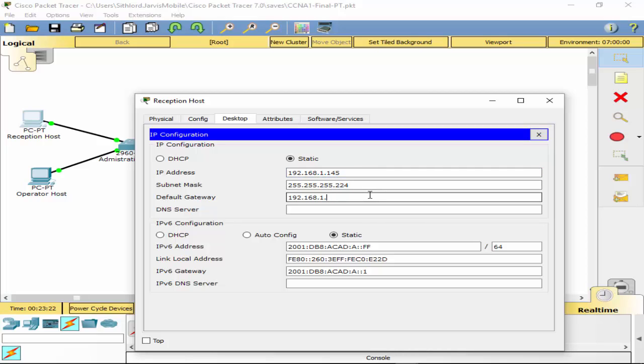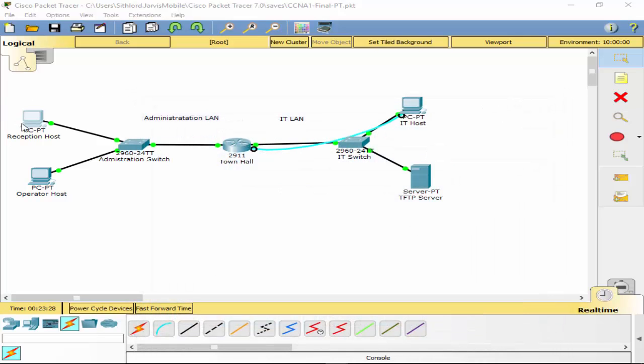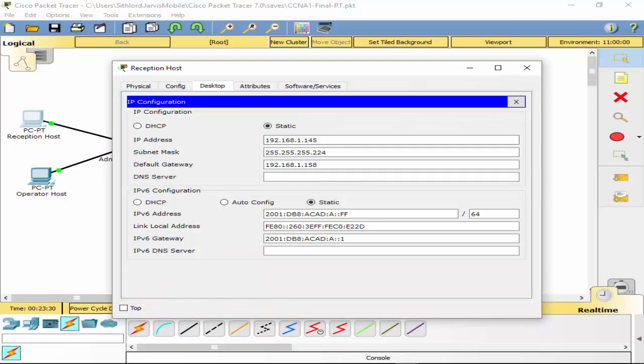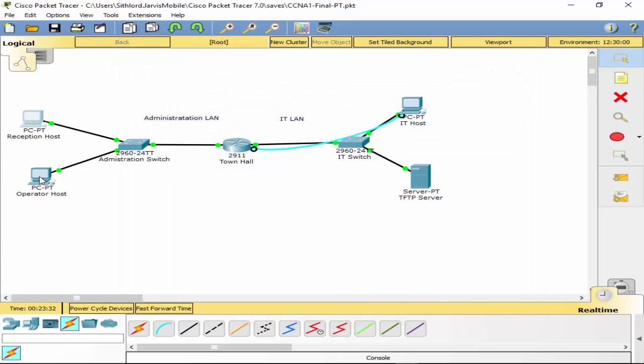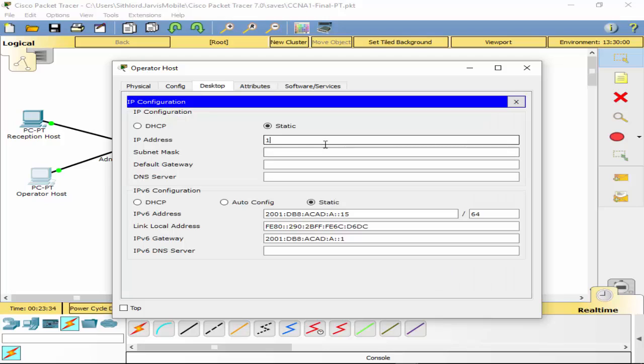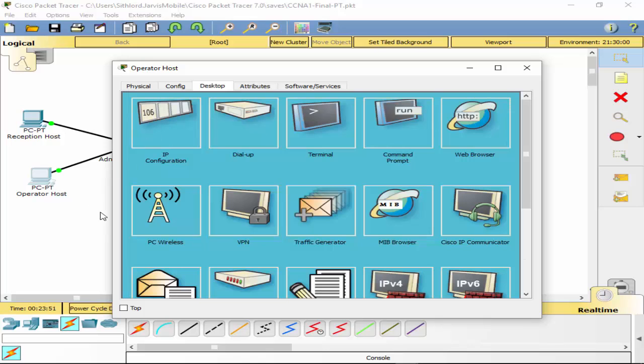Its default gateway would be 158. Right? Yep. And so we're going to use 146 on the other one. And this is actually a 224 subnet. 158 again. They're in the same network, so we'll have the same default gateway.